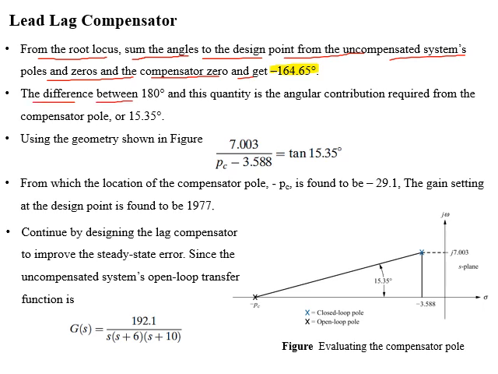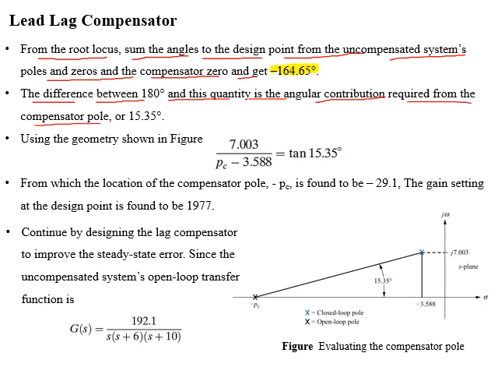We will calculate its difference with 180 degrees by using the relation that sum of angles of zeros minus sum of angles of poles is equal to an odd multiple of 180 degrees, because this criterion must be fulfilled to include this point into the root locus.